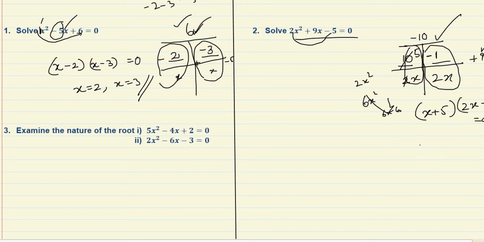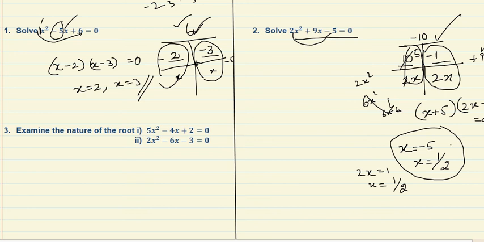Got it? What is the value for x? x is equal to minus 5, and for this 2x is equal to 1 and x is equal to 1 by 2. The value for x is 1 by 2.